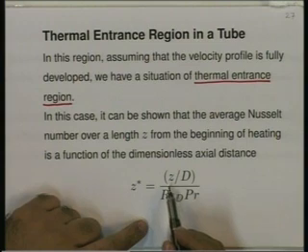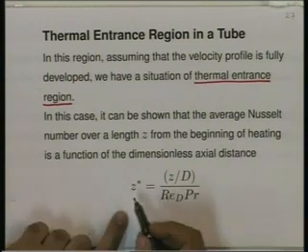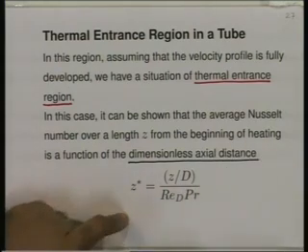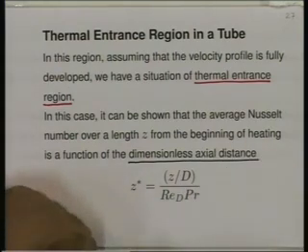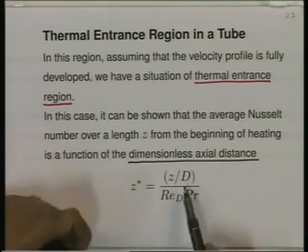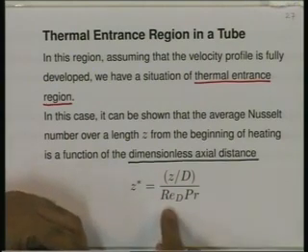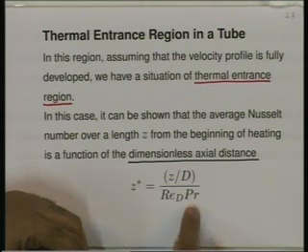But in the thermal entry region, it is a function of the distance, but the distance as represented by a dimensionless axial distance called Z star. And that is nothing but Z divided by D, which itself is a dimensionless number, being a ratio of two lengths, divided by the Reynolds number based on diameter and the Prandtl number.